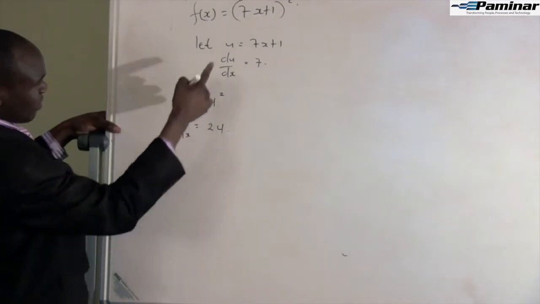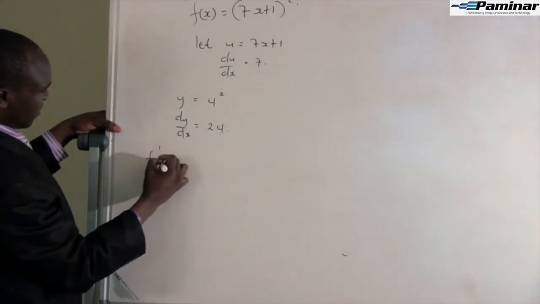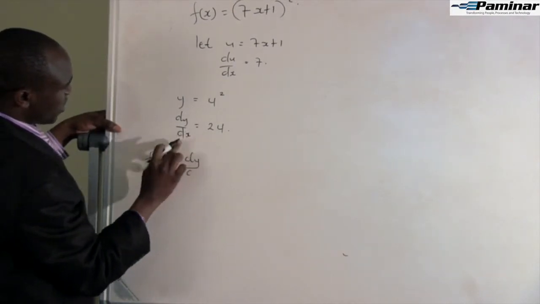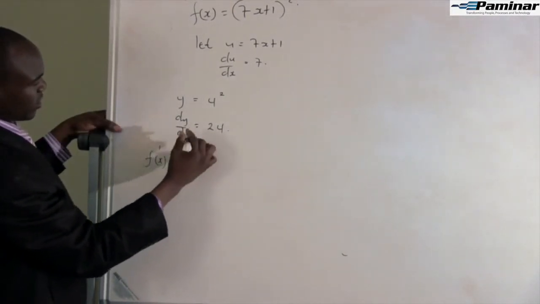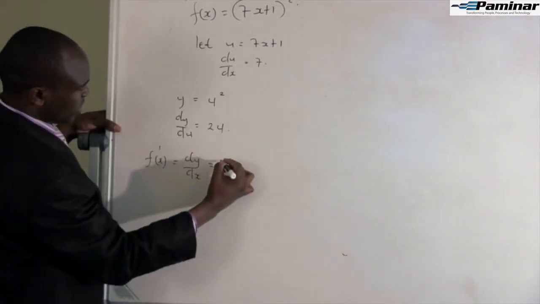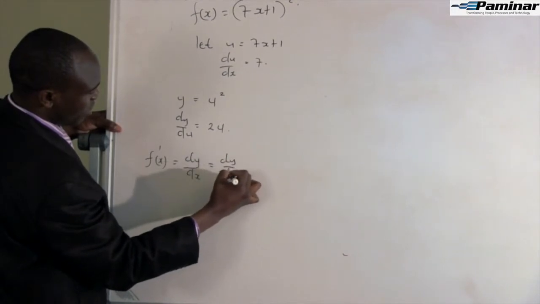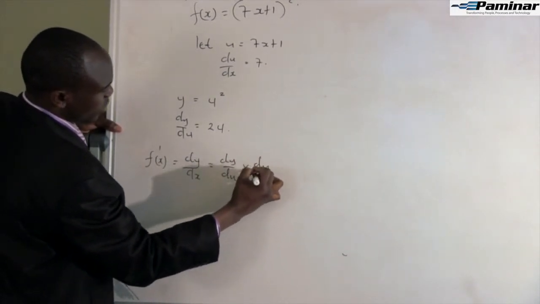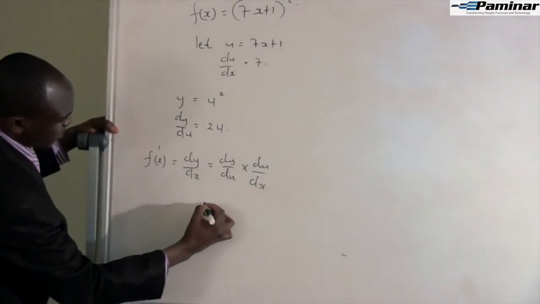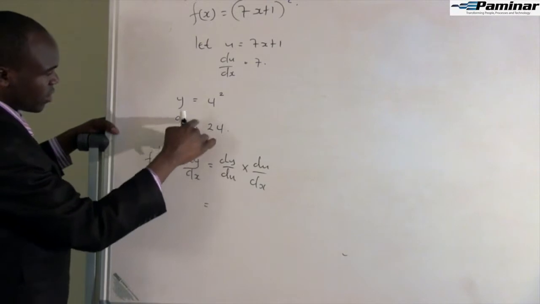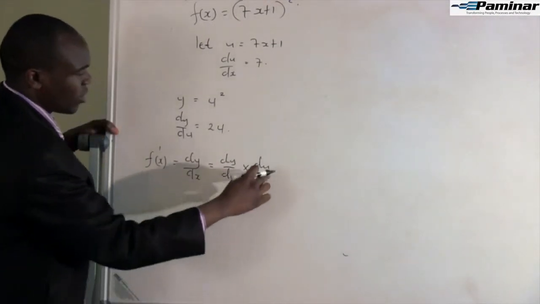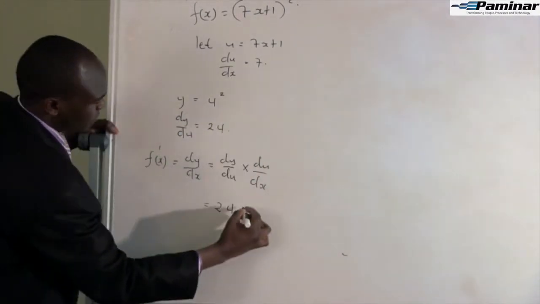Now remember, the first derivative is dy over dx, which is equal to dy over du times du over dx. So now, dy over du is 2u. Now du over dx is 7.